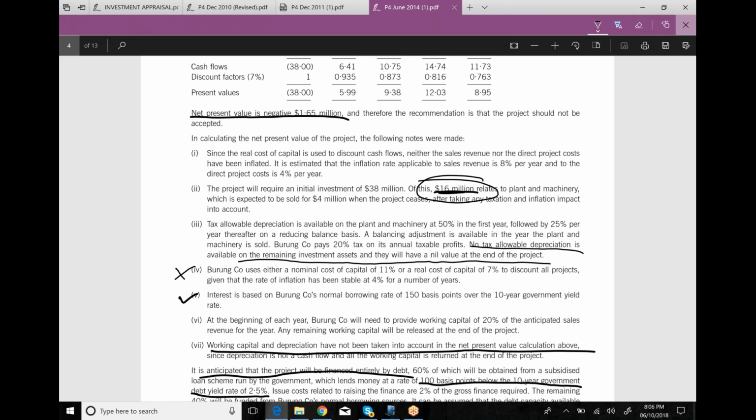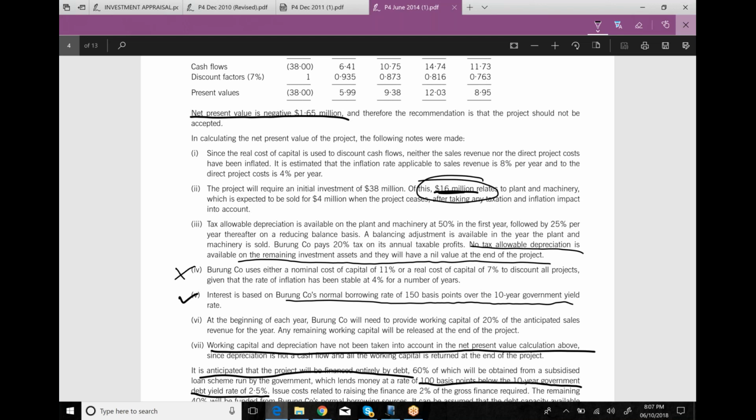Then it says interest is paid on Burung company's normal borrowing rate of 150 basis points over the 10-year government yield rate. Let's read this line carefully. He is telling you how you will compute Burung company's normal borrowing rate: it is 150 basis points over the 10-year government yield rate.